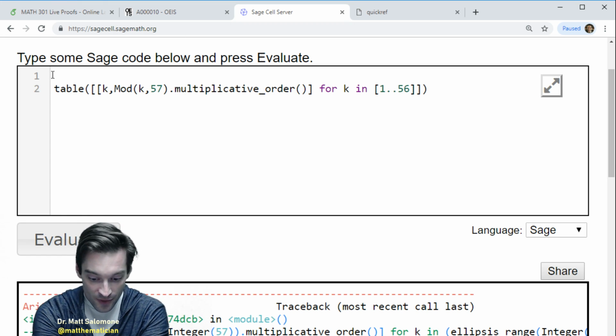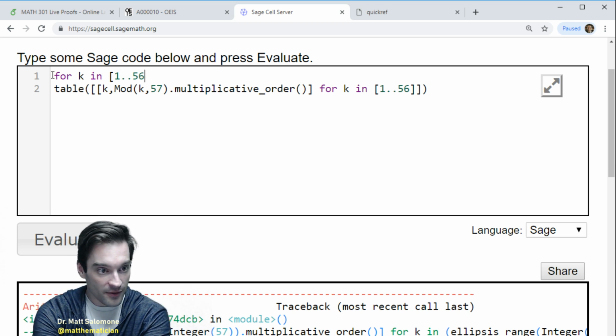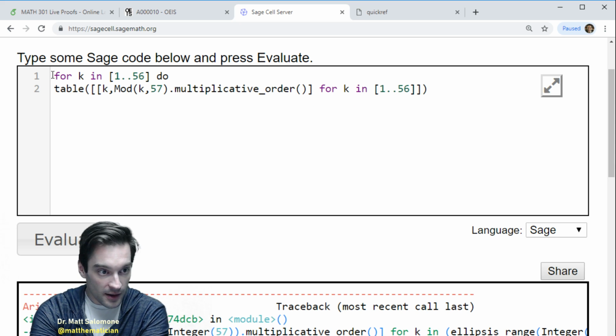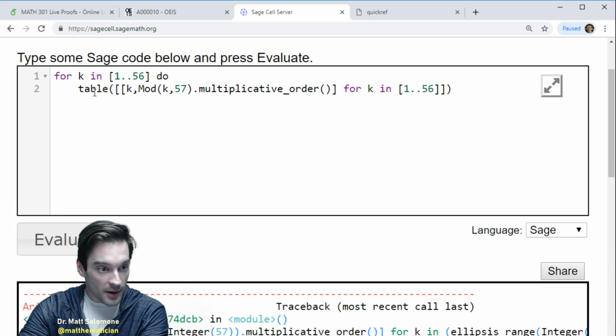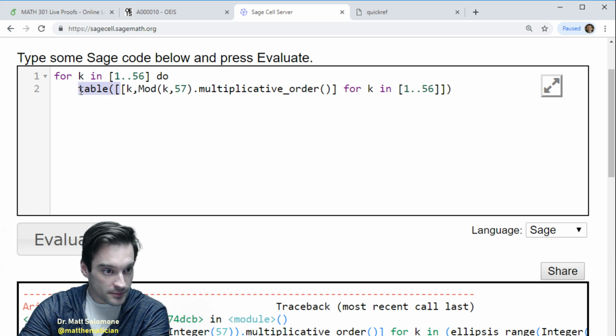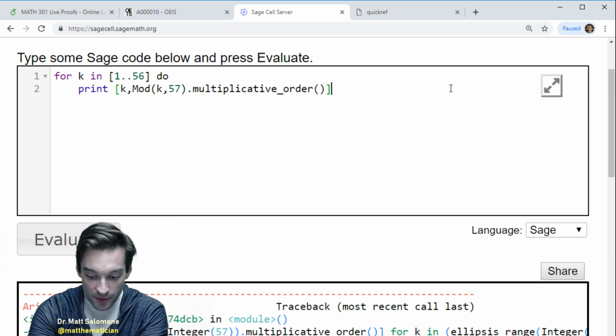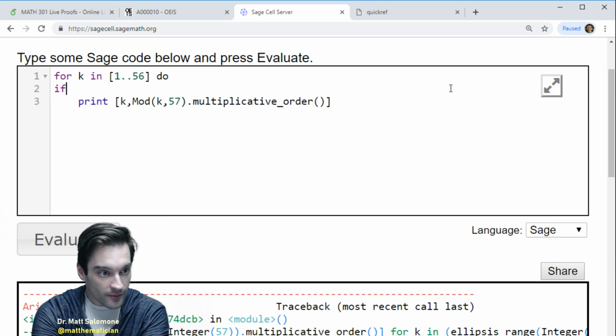All right, so for k in 1 dot dot 56, do, and then on the next line here, what I want to do is just print k, and then Mod(k,57).multiplicative_order(), but I only want to do that if the GCD of k with 57 is equal to 1.